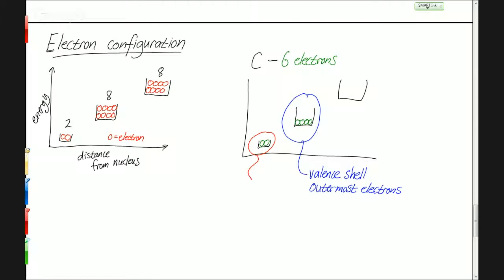The ones that are not in the valence shell, the ones that are shielded and closer to the nucleus, are called the core electrons. And that includes all the levels that are not valence. So the valence is just one level, whatever is the outermost level, and all the other ones inside are called the core.